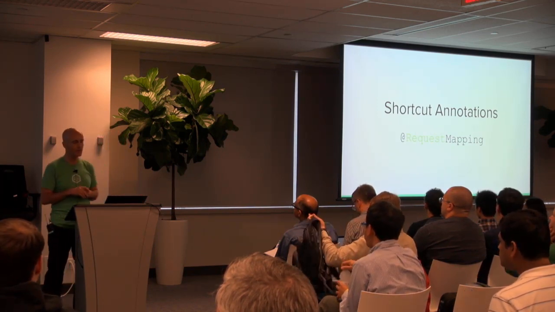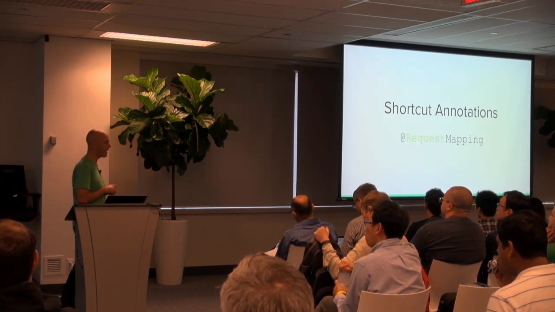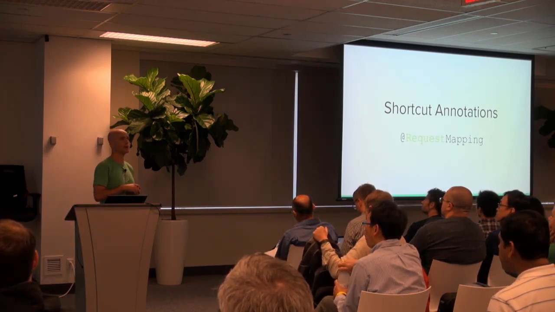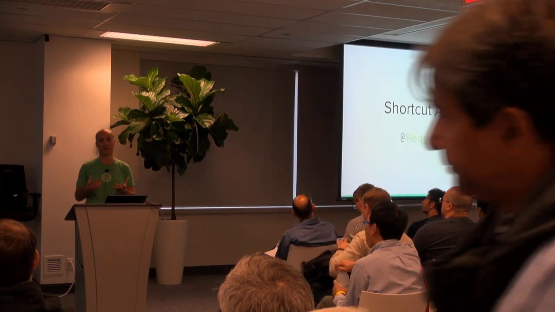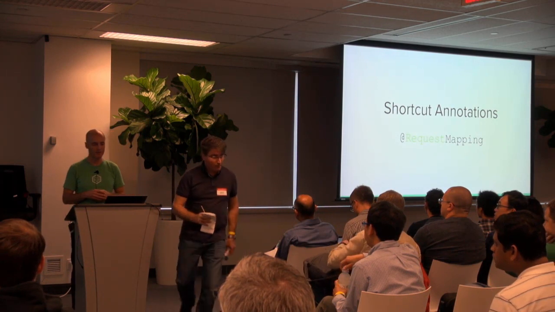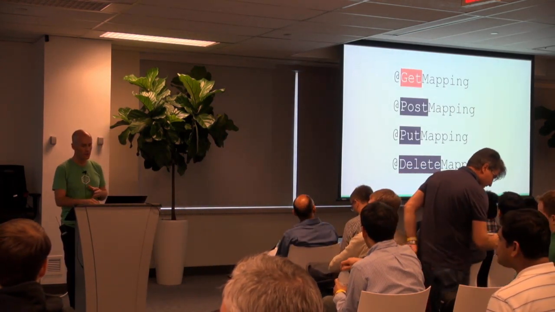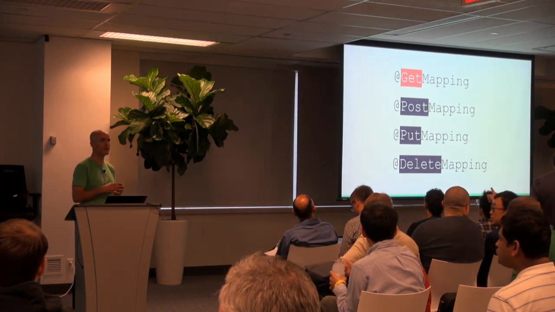So we did that in 4.2, and then we immediately began thinking, wow, this is nice, so should we actually create some kind of custom annotations ourselves that we can put in the framework that everybody can make use of? And as we thought about it, we came up with some ideas.